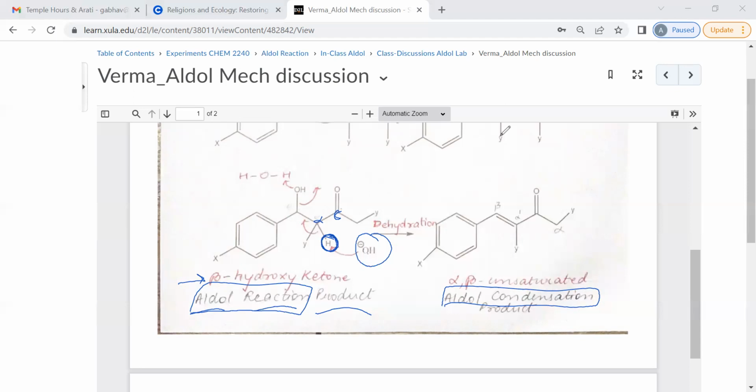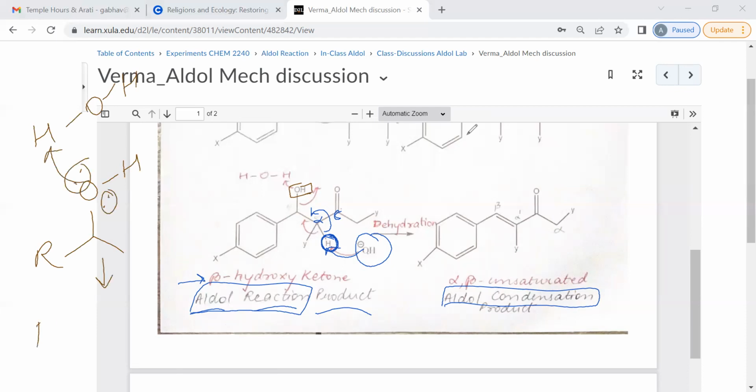And then the base will abstract this particular hydrogen and formation of your double bond will occur. But before all of this occurs, you need to get a good leaving group, which is a bad leaving group. So what is happening here beforehand is when you grab a proton from here, you will generate a good leaving group.